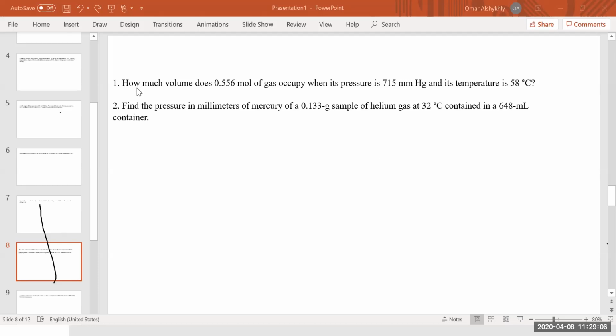Number one: how much volume does 0.556 mole of gas occupy when its pressure is 750 millimeter mercury and its temperature is 58 Celsius degree? Okay, let's start with number one.